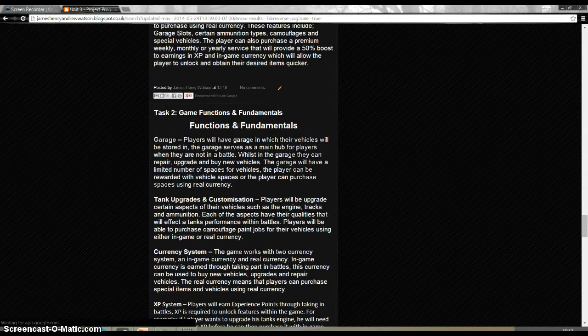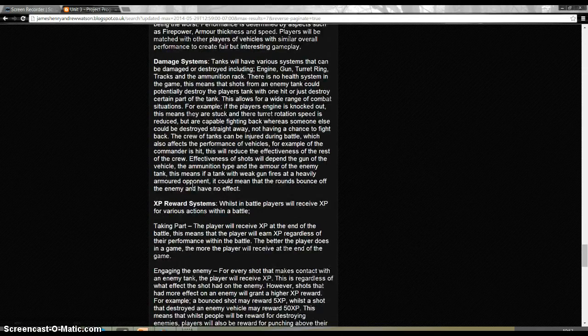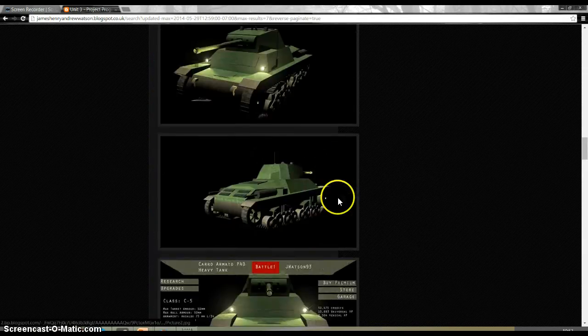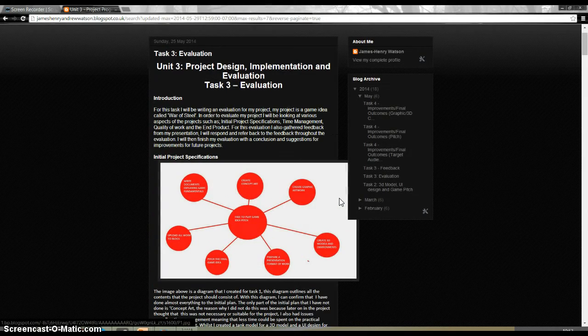As part of Task 2 as well, I had these documents which explained the game. I talked about gameplay, functions, the fundamentals, and the content of the game. So those are the outcomes of Task 2.